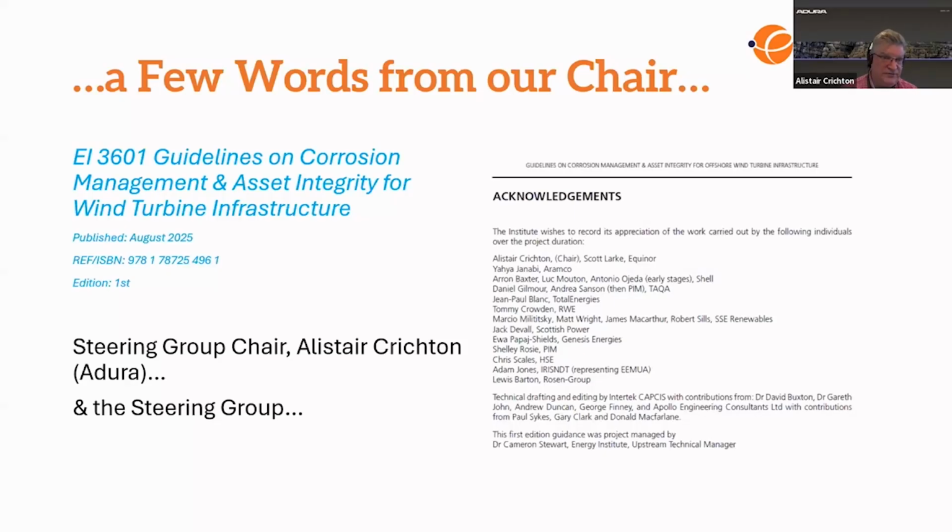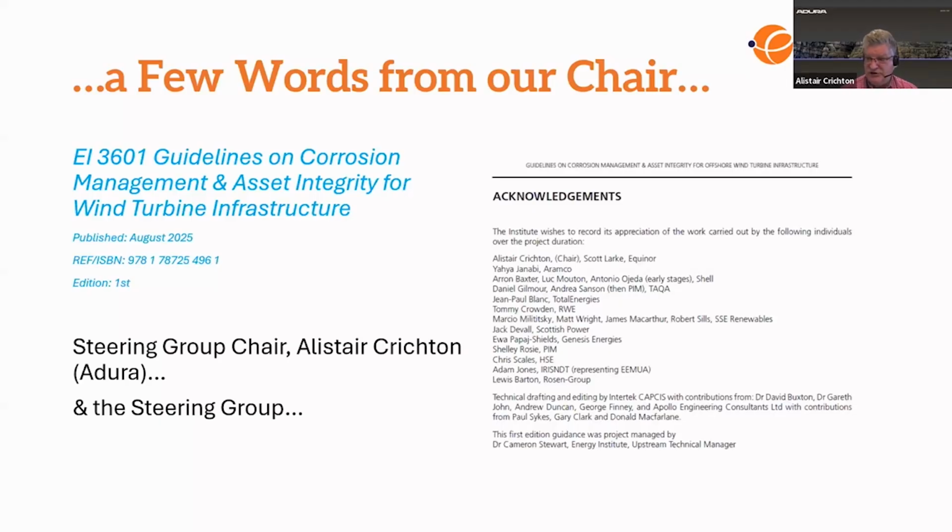Within that, and within the daughter legislation, material degradation or corrosion represents an implicit hazard to health and safety, and the regulatory expectation is that we should aim to have these hazards at as low as practically possible, ALARP, level.